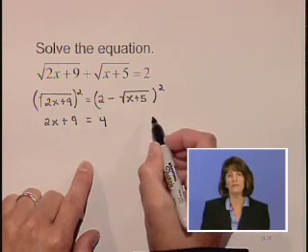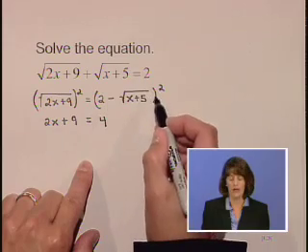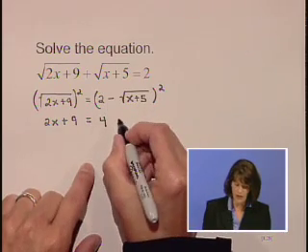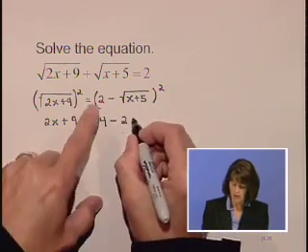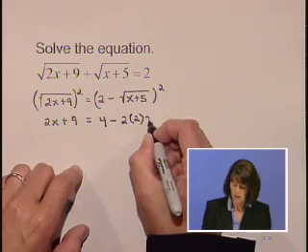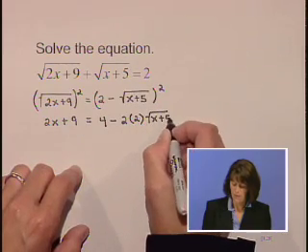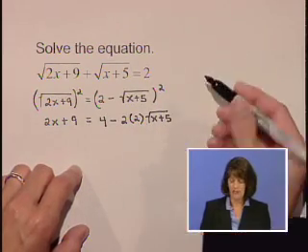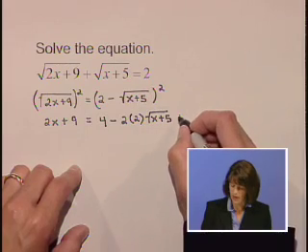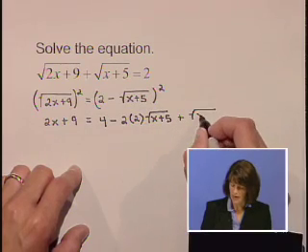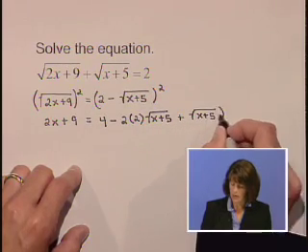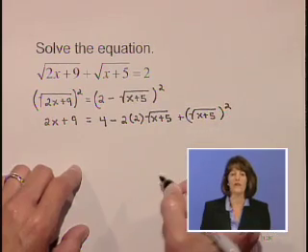Our middle term comes from 2 times the inner and outer product, or 2 times the first term times the last term. And lastly, as we take the square root of x plus 5 times itself, we get the square root of x plus 5 quantity squared.